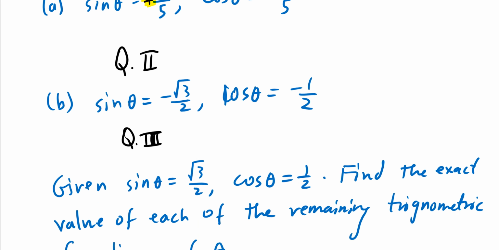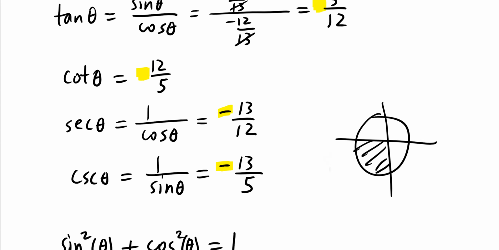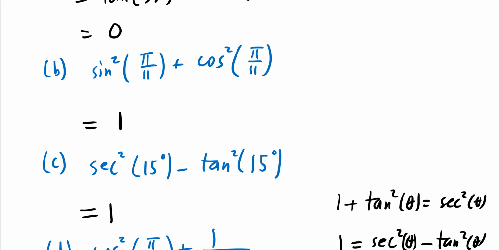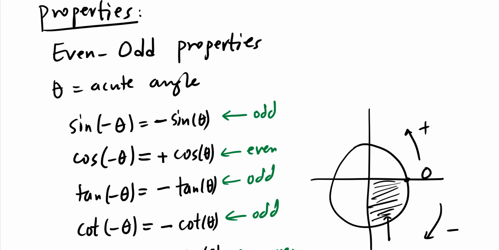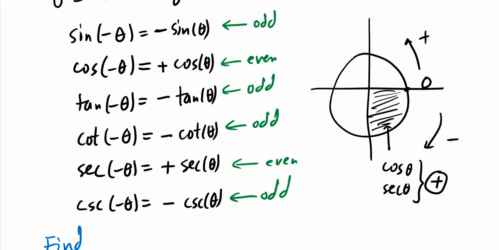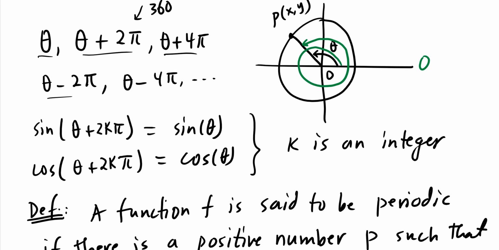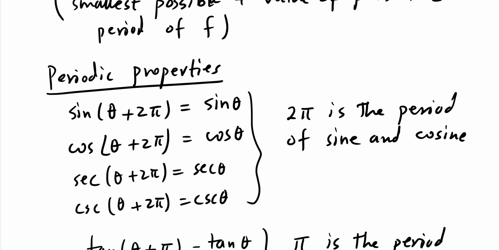And then we introduced the even-odd identities. We spoke a little bit about periodic functions: tangent and cotangent have period pi, but sine, cosine, secant, and cosecant have period 2 pi.